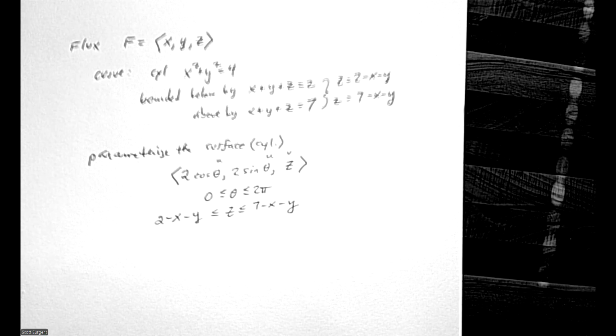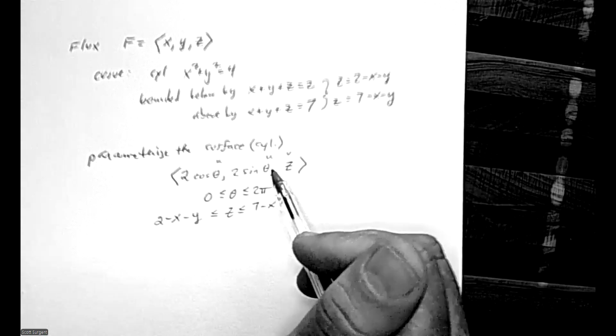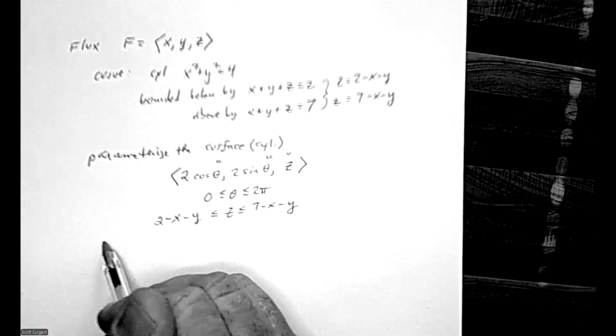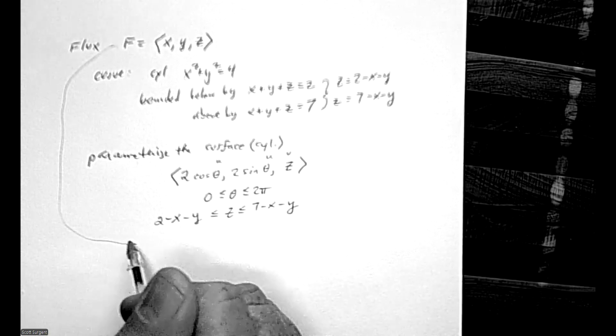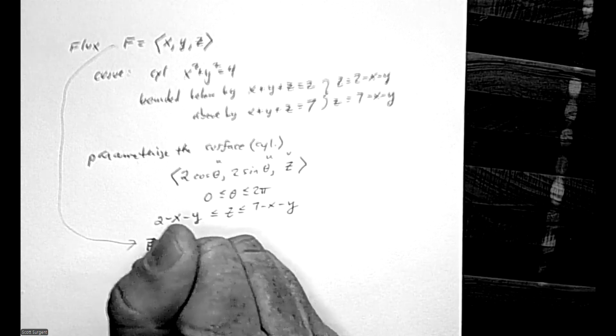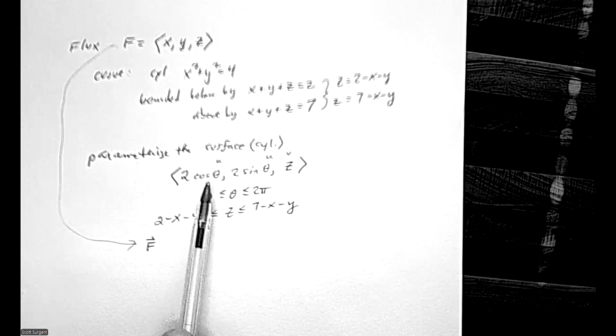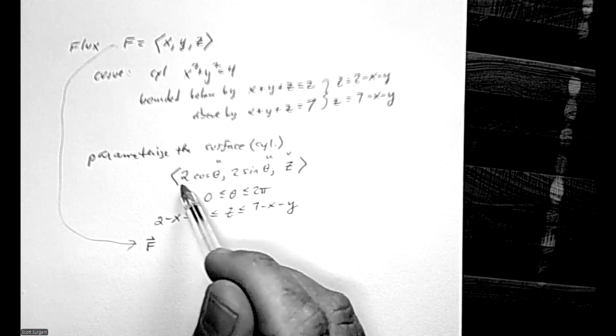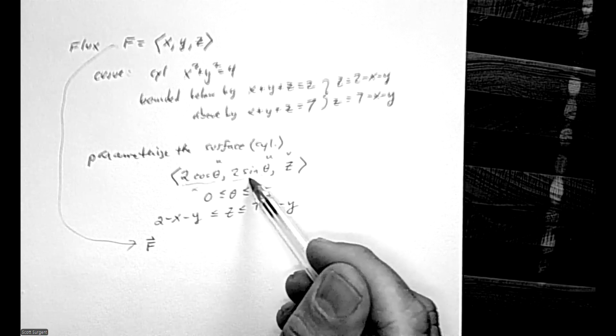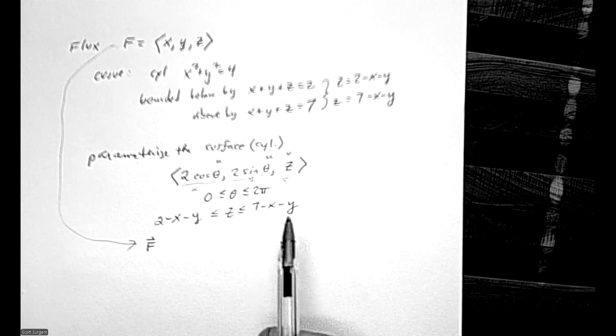You need to go through the rigmarole of figuring out, well, first of all, okay, my bad. Let me continue on here. Your vector field now can be converted into this notation. Remember, when you do the parameterization, you're actually creating formulas for x, y, and z. So that's x, this is y, and of course that's z.